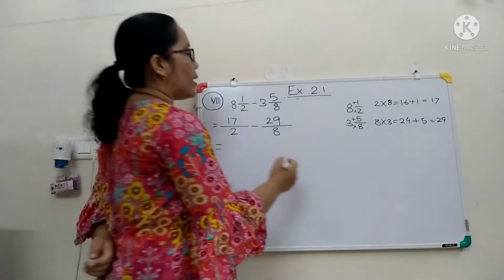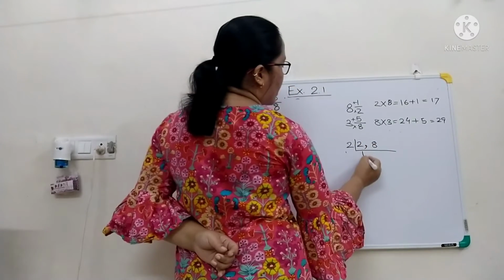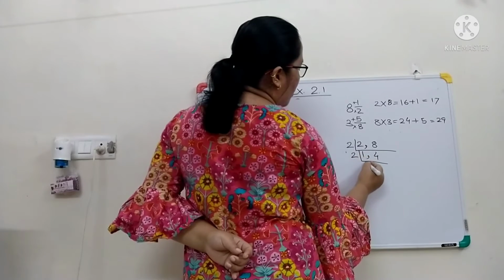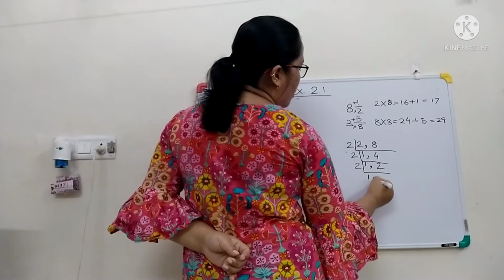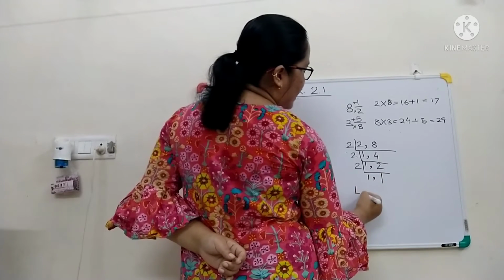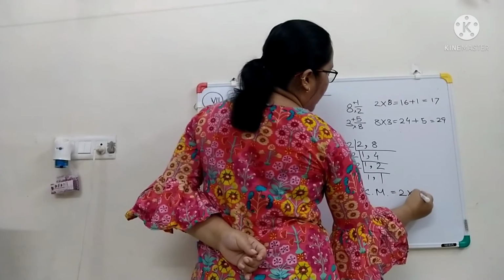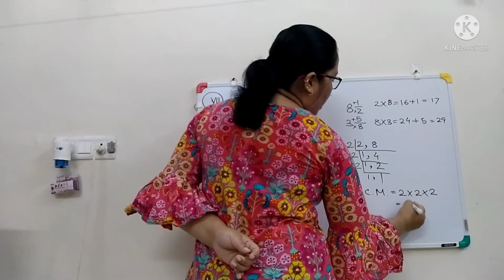For that we have to find the LCM of these two denominators, that is 2 and 8. So 2, then 2, 2 2s are 4, 2. So LCM is equal to how much? 2 multiplied by 2 into 2 is equal to 8.